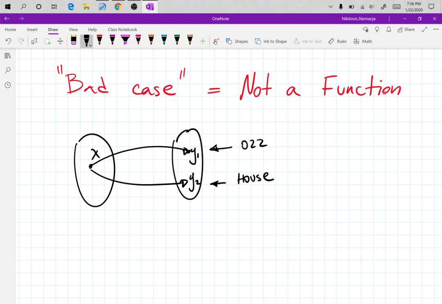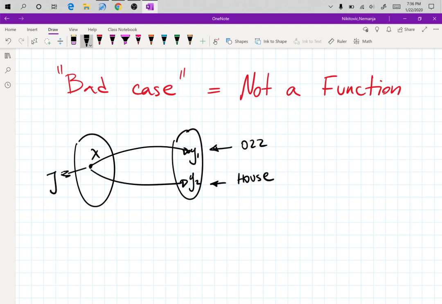And here's Julia over here. Do you see that you can't be in the classroom and in the house at the same time? Right? So that's not a function. It's not a function because you can't be in the classroom and at home at the same time.